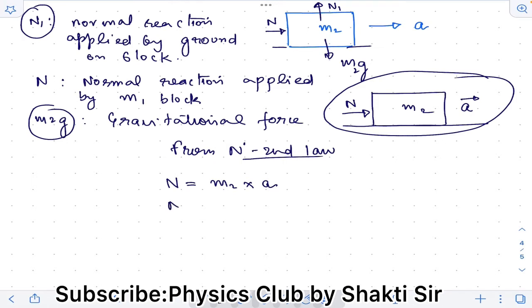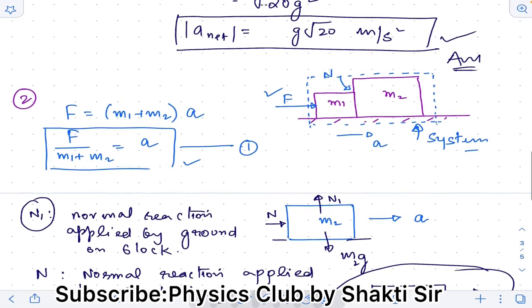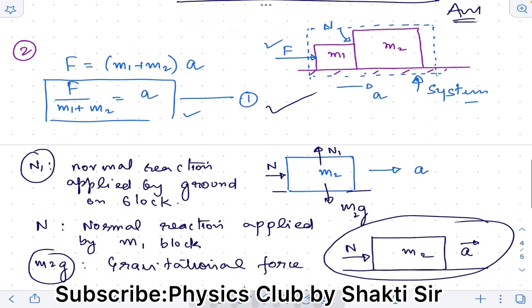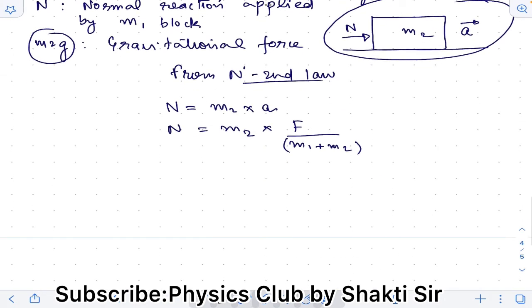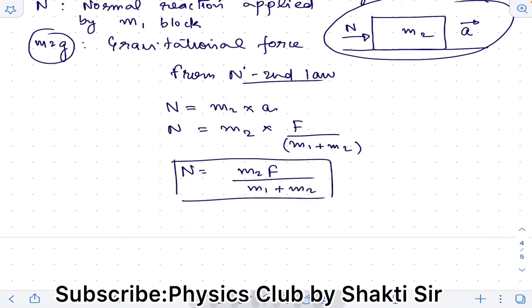All right, and we know the acceleration with which it is accelerating. The acceleration is F divided by m1 plus m2, which is given by equation number one. So we substitute the acceleration, so normal reaction becomes N equals m2 F divided by m1 plus m2. This is our required result.